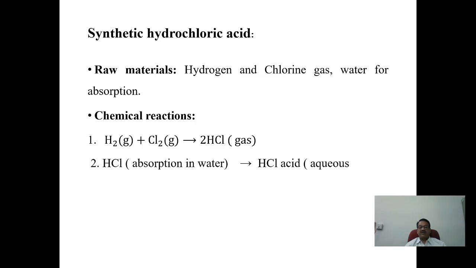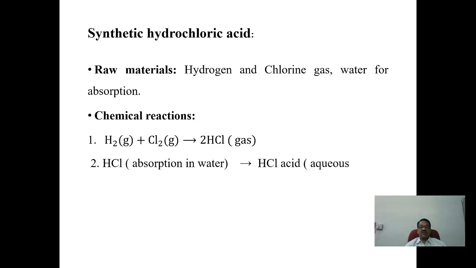Reactions involved, we can see the reactions here. Hydrogen gas and chlorine gas are combined to give hydrogen chloride gas. This hydrogen chloride gas is absorbed in water to give hydrochloric acid, aqueous acid.